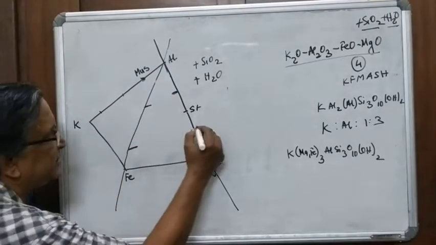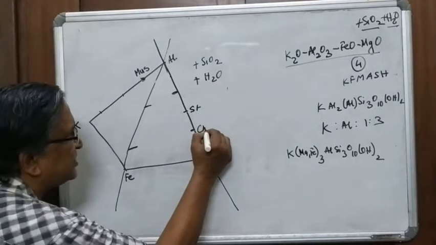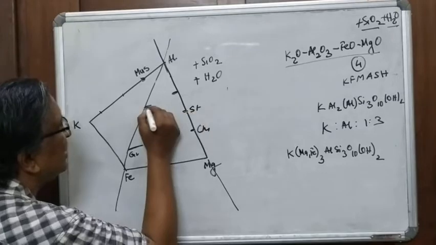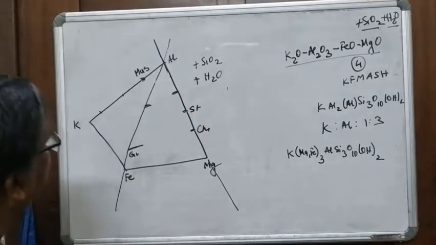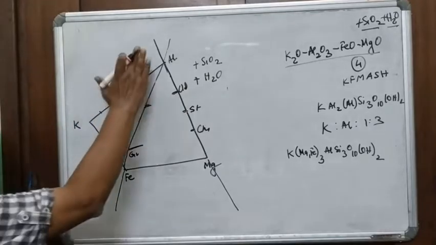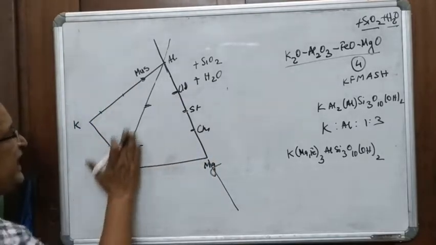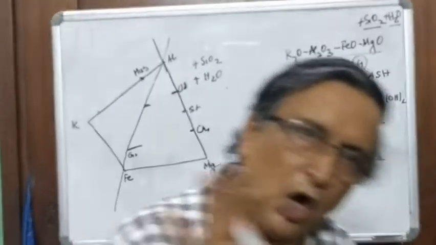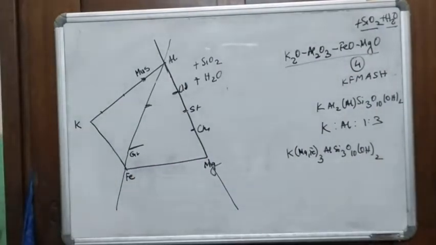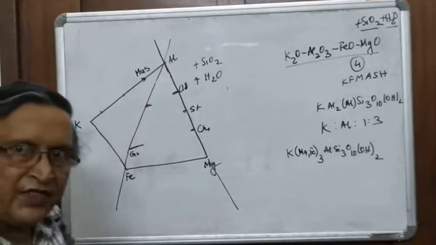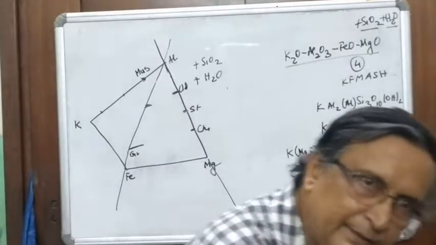Staurolite, cordierite, this is chlorite, this is garnet, staurolite, and on this side you have chloritoid, and so on. All these minerals plot on the AlFeMg plane. Have you understood? All of them plot on the AlFeMg plane. Muscovite plots on the KAl binary.